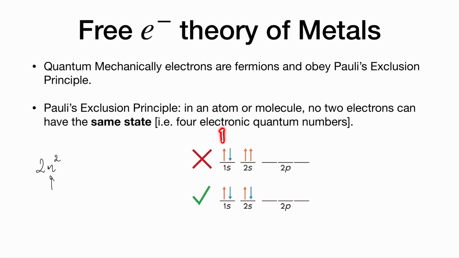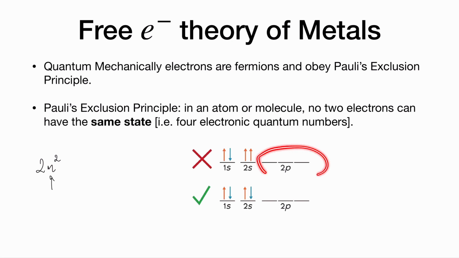We cannot have both of them up because there will be 2 electrons in the same energy level possessing the exact same state. That is not allowed. But notice here in this second energy level, there are 2 electrons both up. This is forbidden by Pauli's exclusion principle. The proper electron configuration in this case should be first up, then down.